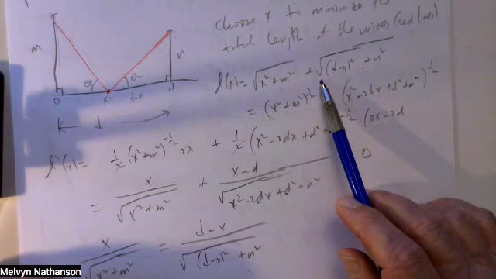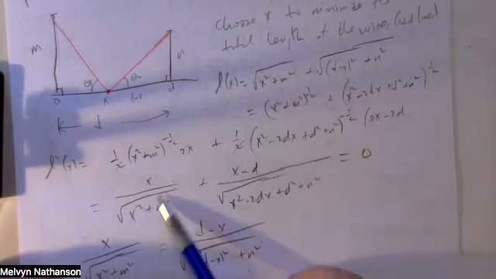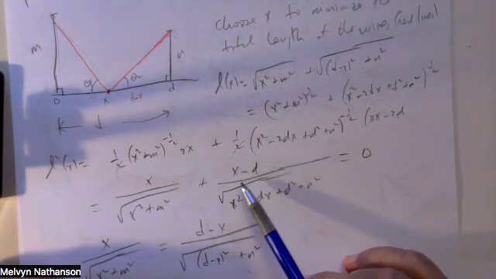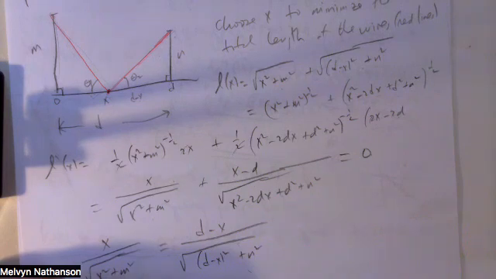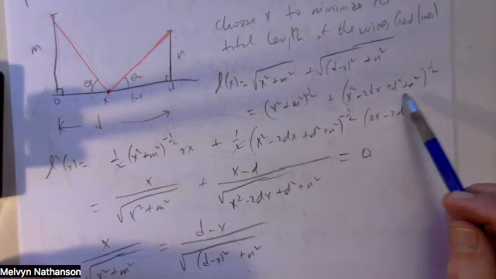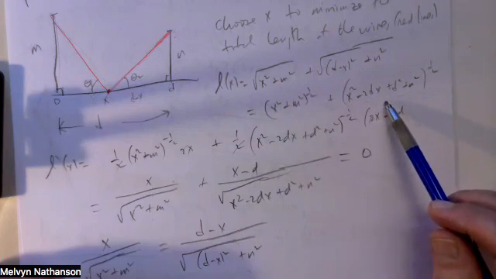If I differentiate this, I get x over the square root of x squared plus m squared plus (d minus x) or (x minus d) over the square root of the other term.